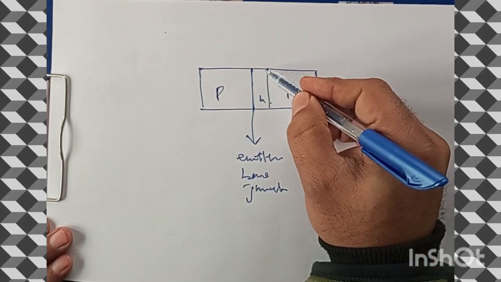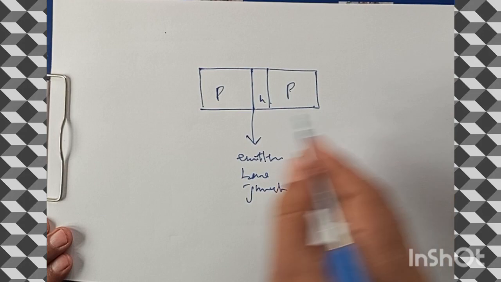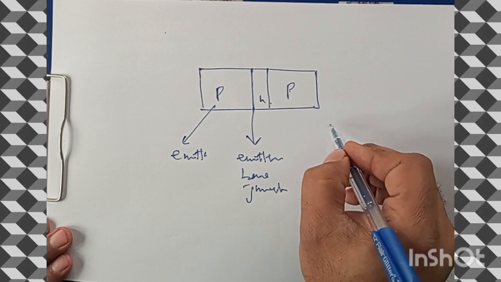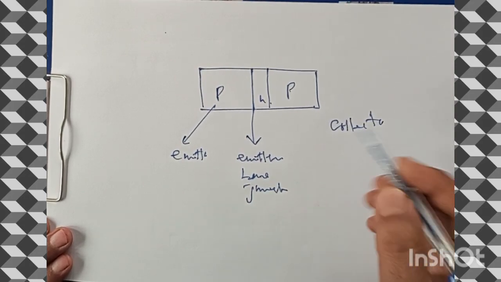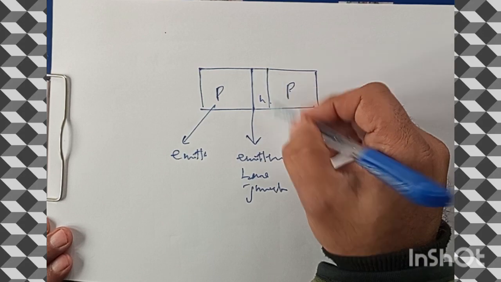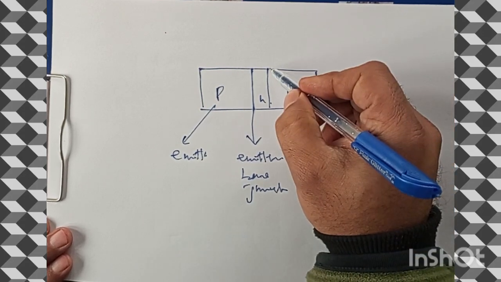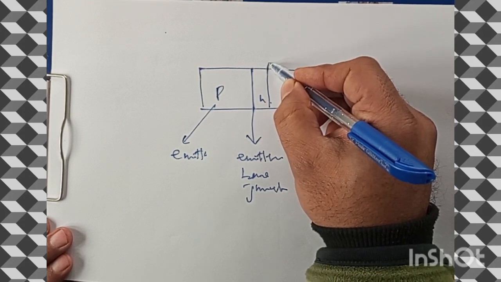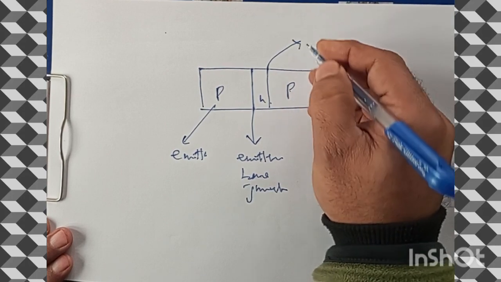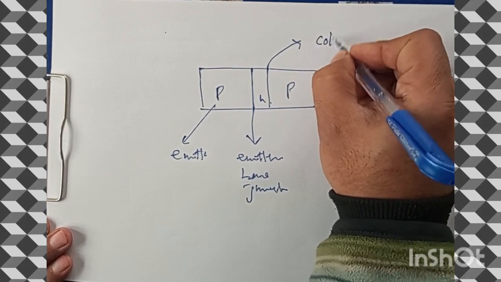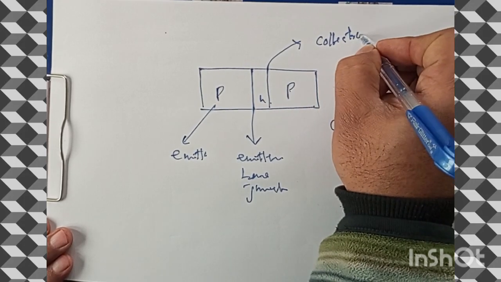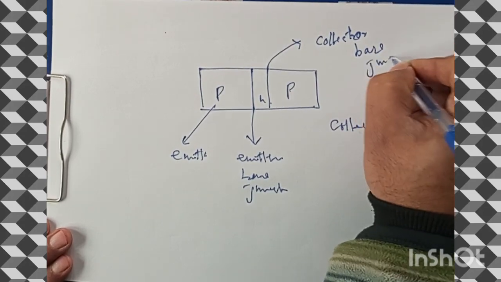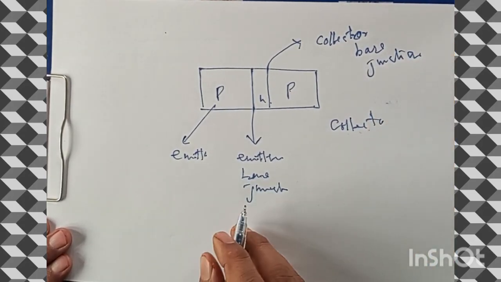Then we have another junction between the base and collector. The junction between this base and collector is called the base-collector junction, or we can say collector-base junction to make it symmetric.